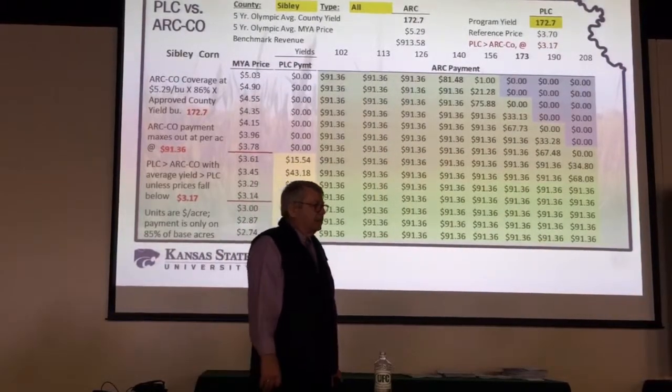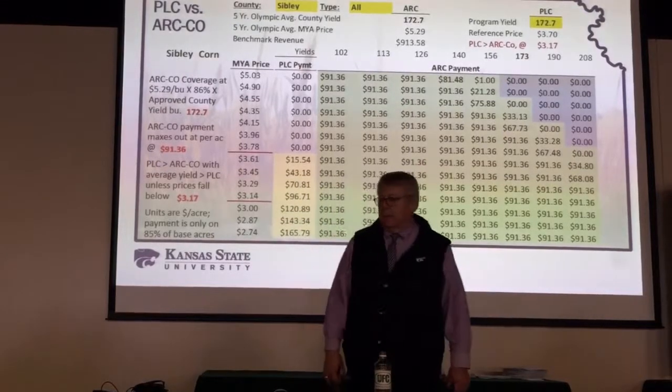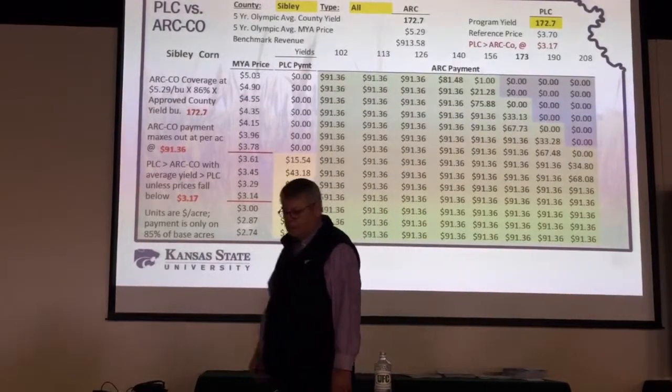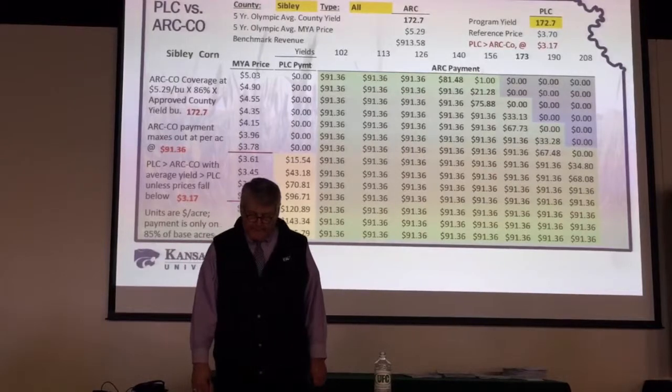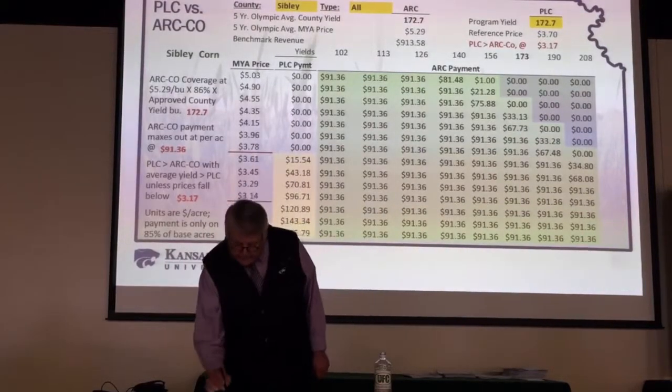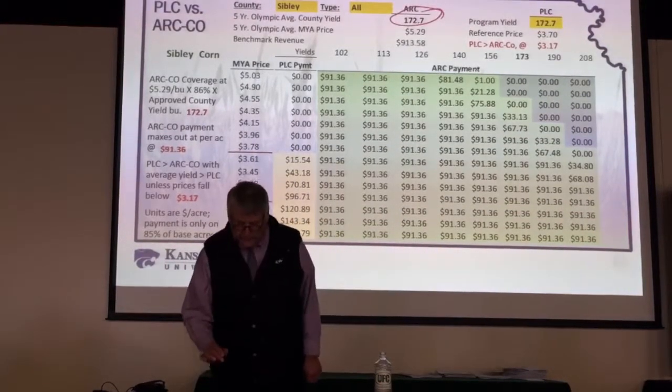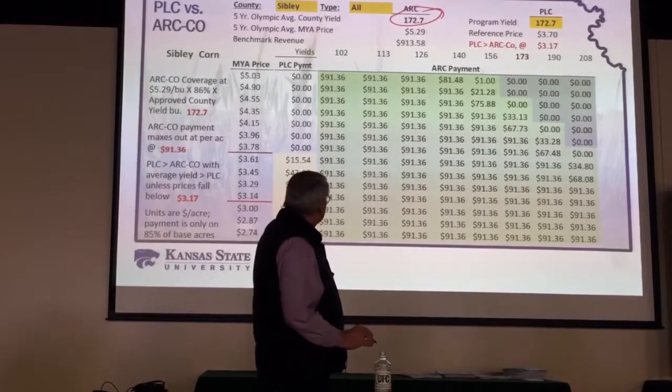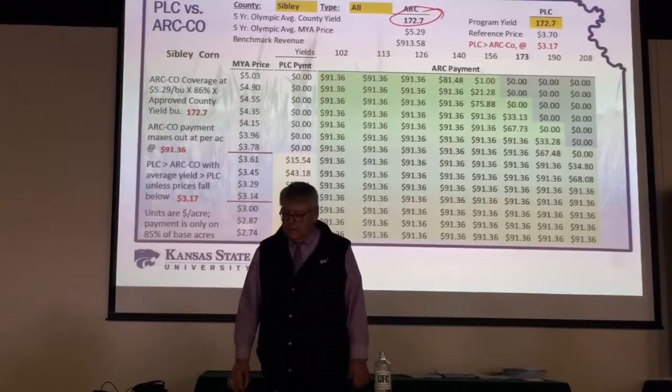So rather than trying to print a bunch of separate handouts, we only printed one, but it has all the counties, including this one that I'm looking at. In this particular county, for the first year, your Olympic average yield is right there, 172.7.